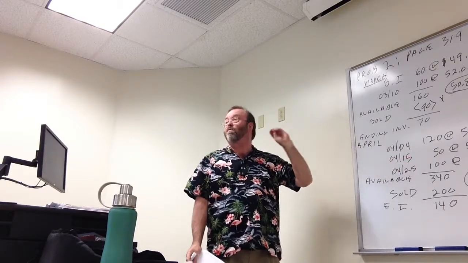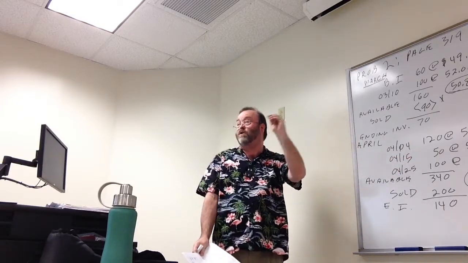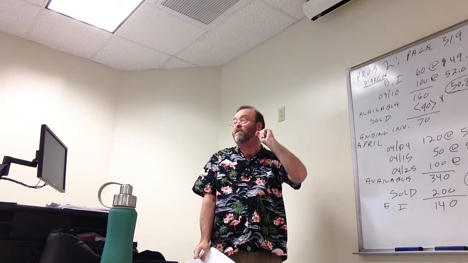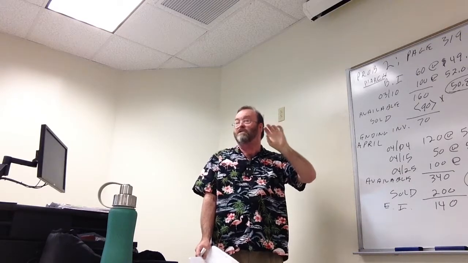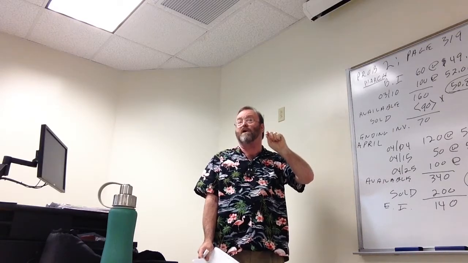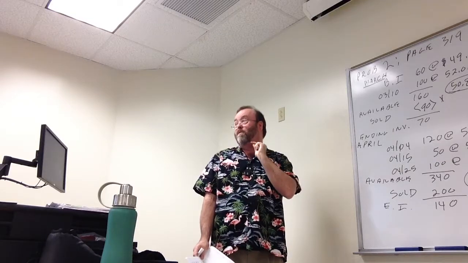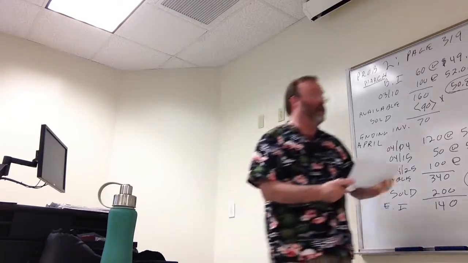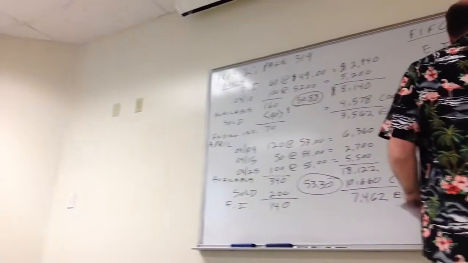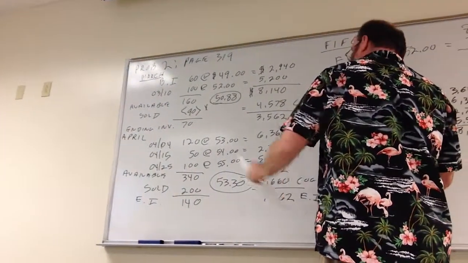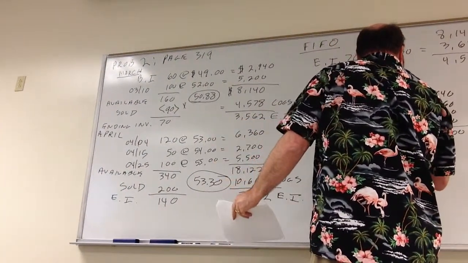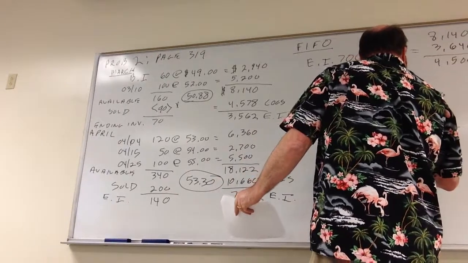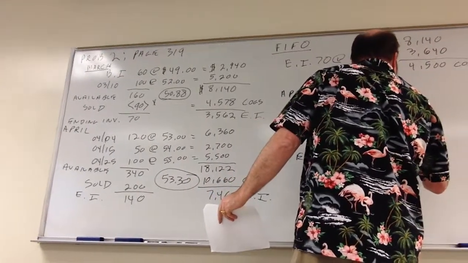No, FIFO, the first in, first out, so the stuff that's still in ending inventory is the newest ones we bought. The 100, exactly. So we have 100 that cost us $55. Yes, exactly.